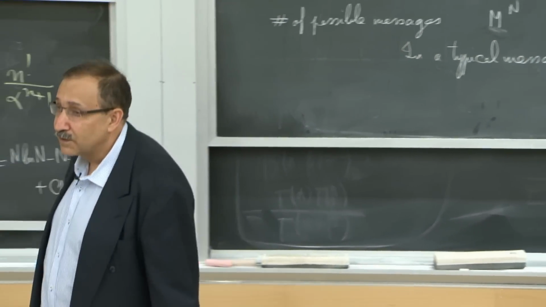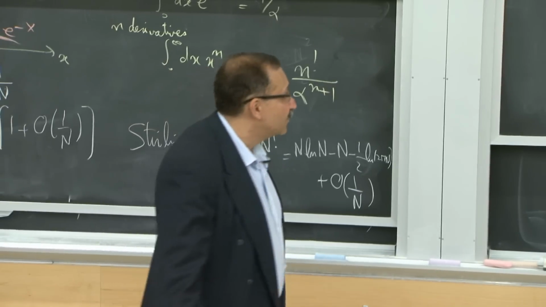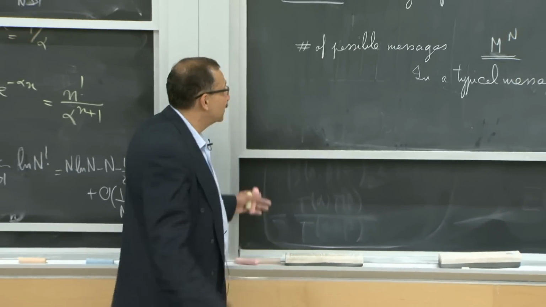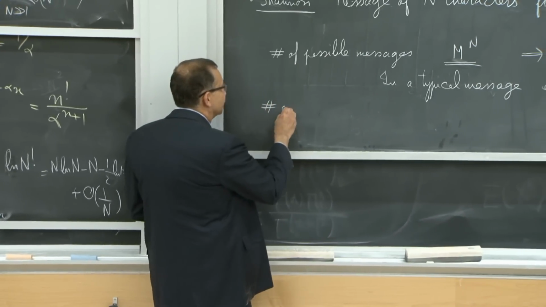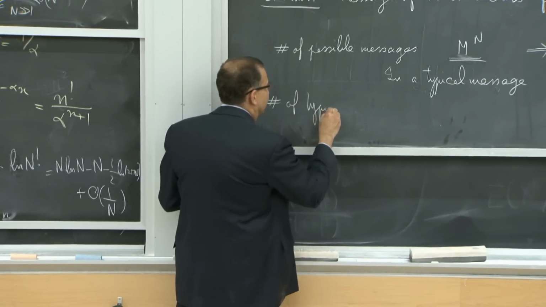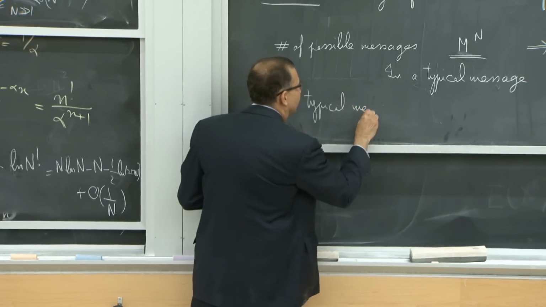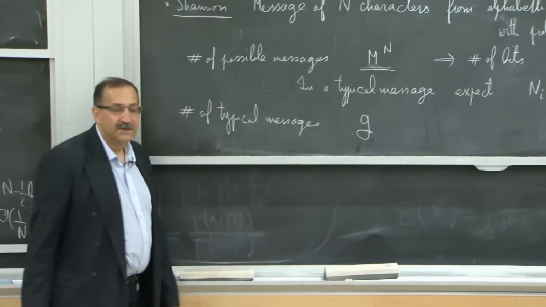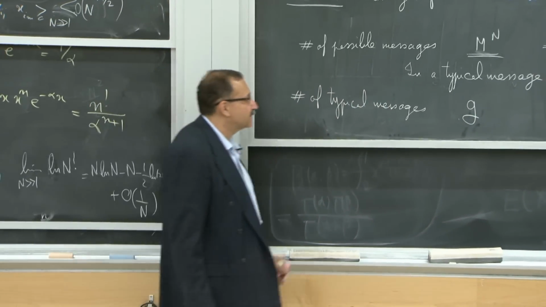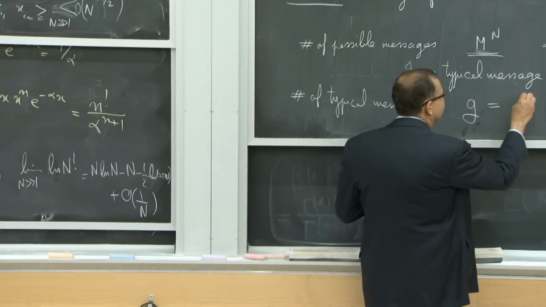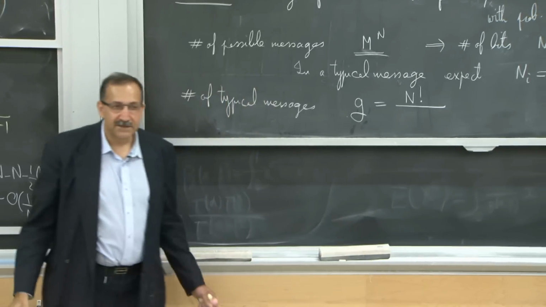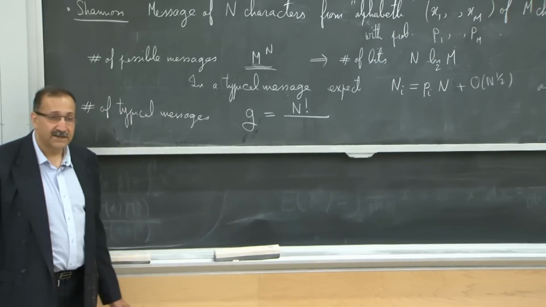So if I ask the following question, not what is the number of all possible messages, but what is the number of typical messages, I will call that g. The number of typical messages would be all ways of distributing these numbers of characters in a message of length n.